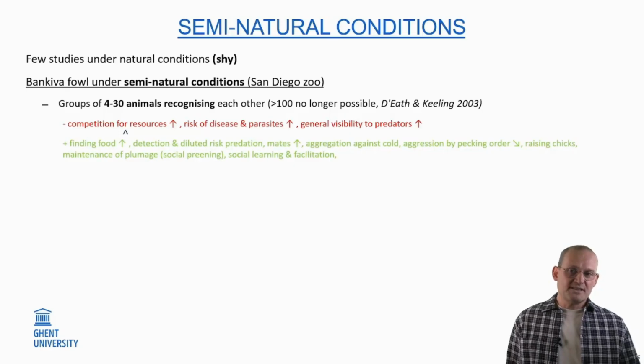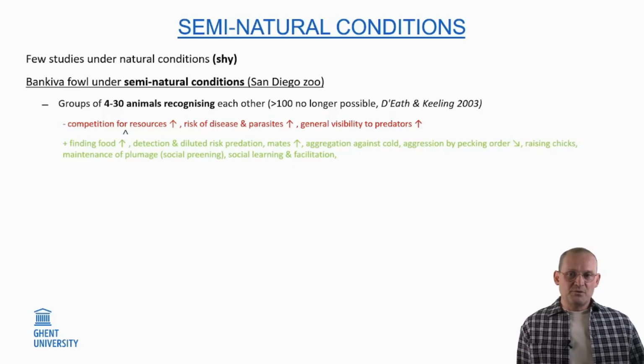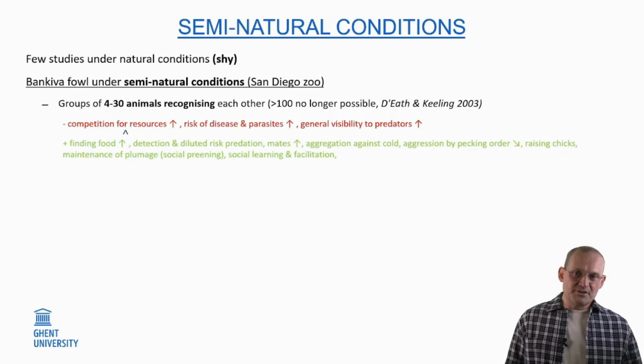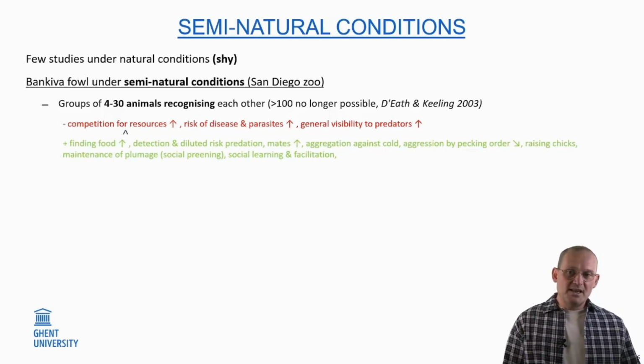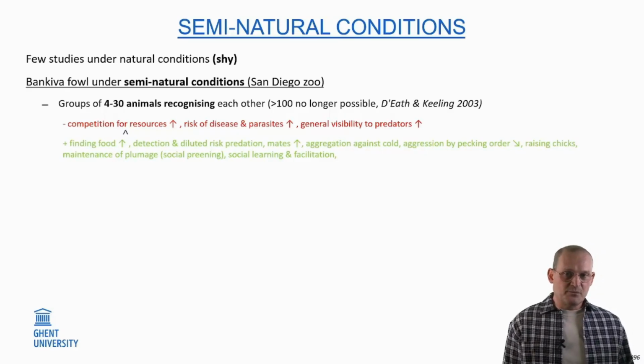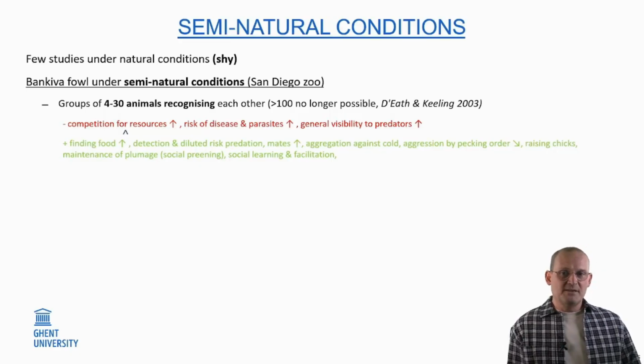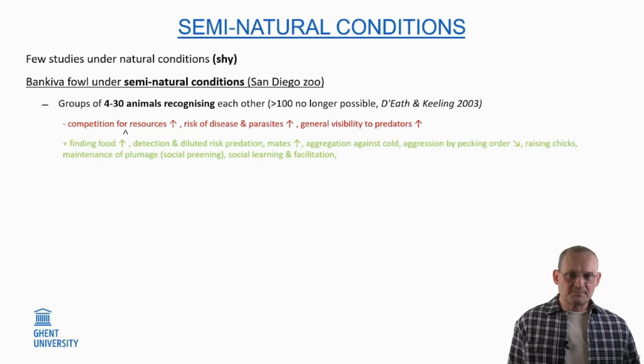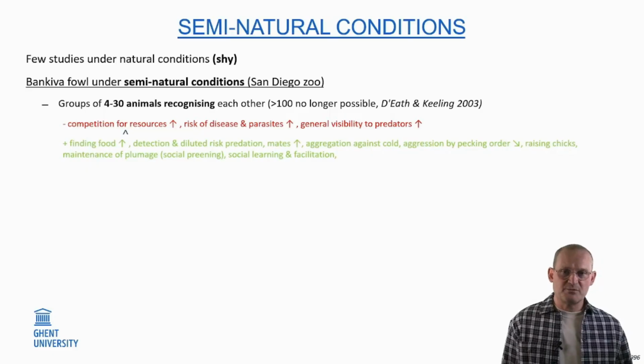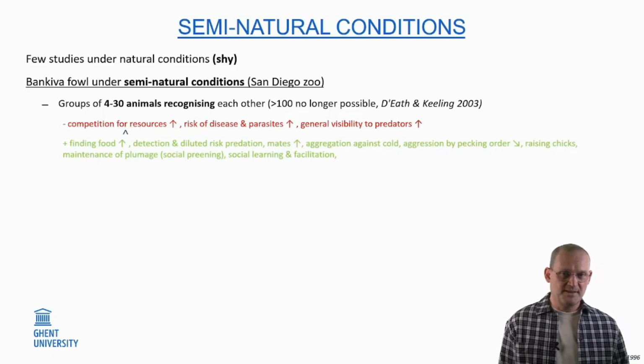And what could be these advantages? They relate to the greater possibility of finding food while searching as a group, a greater likelihood of detecting predators, and also diluting the risk of being predated yourself by having so many flock mates around. You don't have to look for a sexual partner, as mates are there in your group.